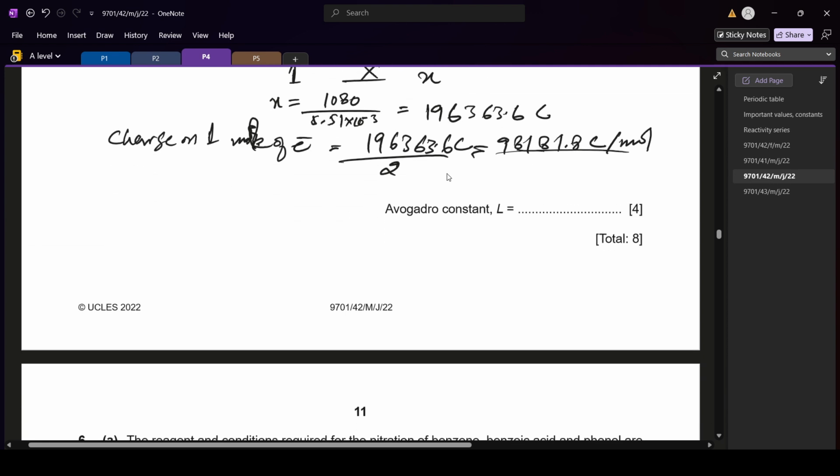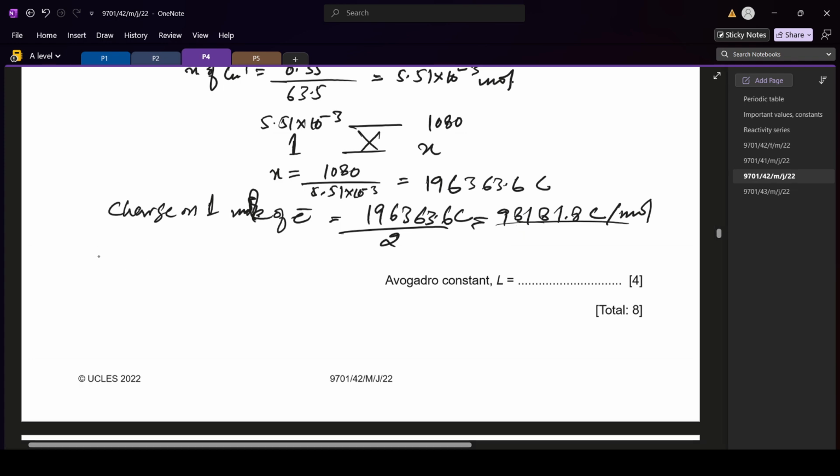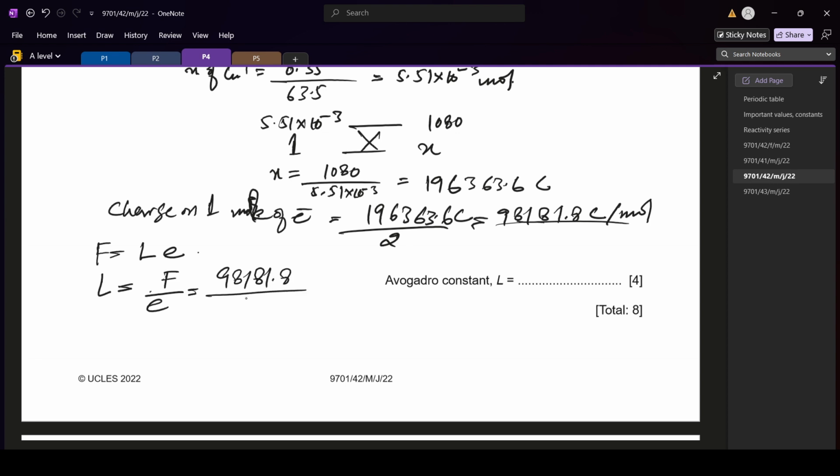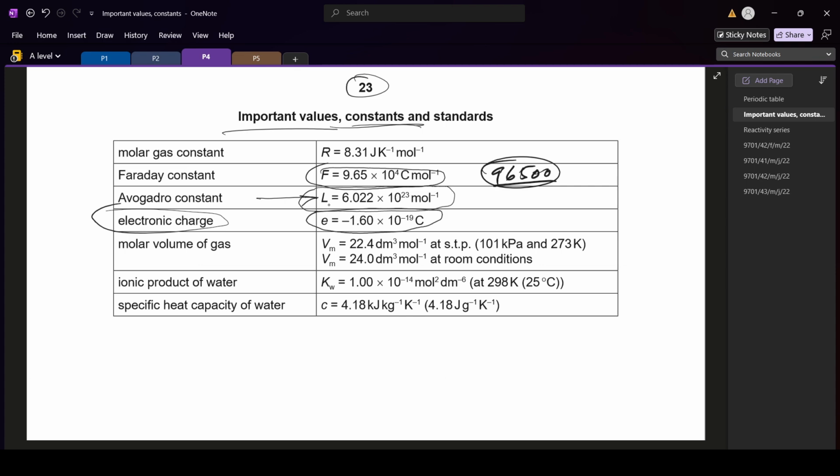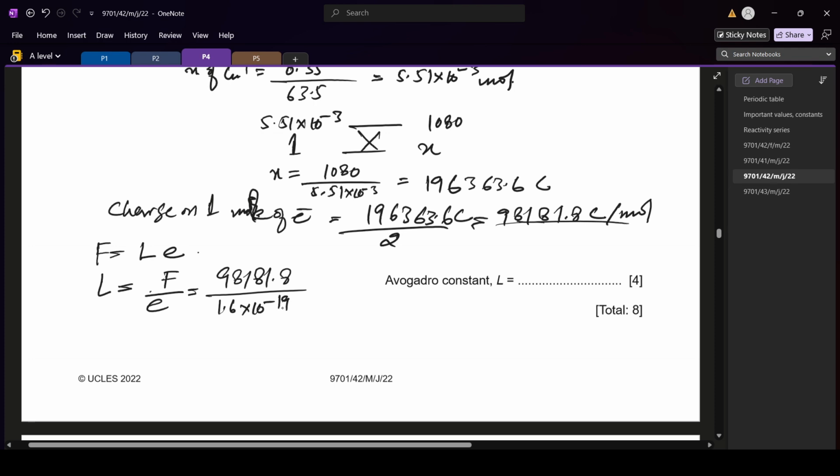Now that you have calculated the value of F, and F is equal to L times e, from here you will get the value of L, which is F upon e. F is 98181.8 divided by the charge on one electron e, which is 1.6 into 10 to the power minus 19, which you can take from the important values table. We don't have to calculate e from this experiment.